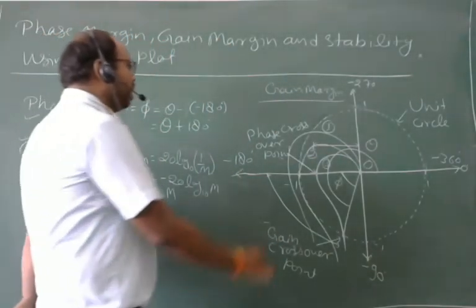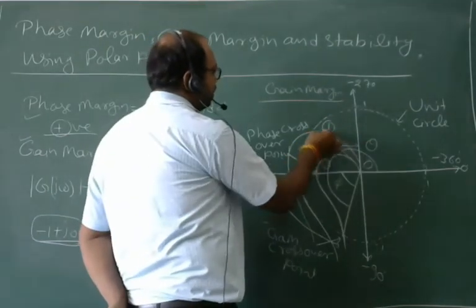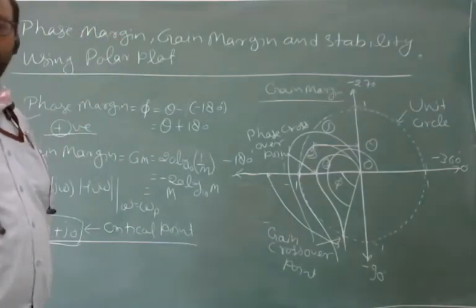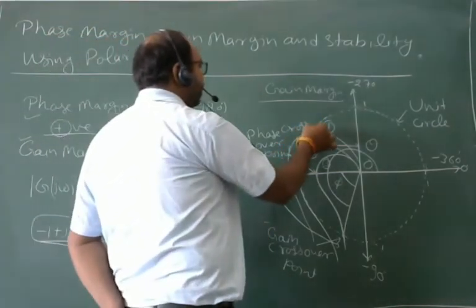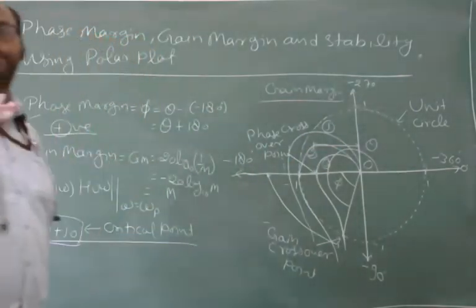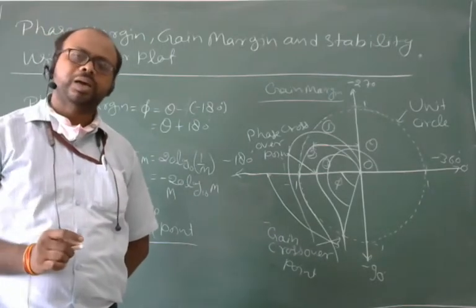In case 1, this minus 1 plus j0 point is inside this polar plot, and whenever this point is inside this polar plot, the system will be unstable.